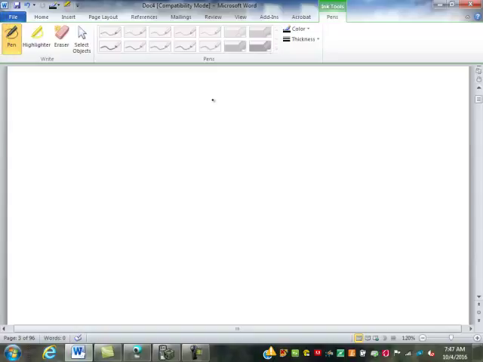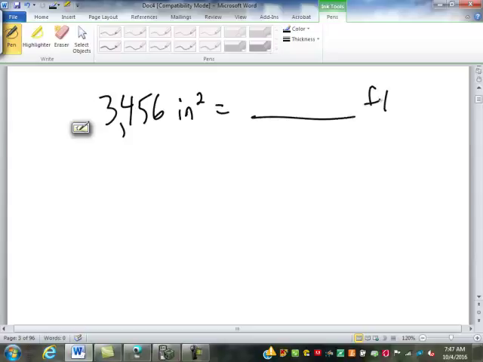So convert in your notes for me. 3,456 square inches into square feet. 567 square feet into square yards.